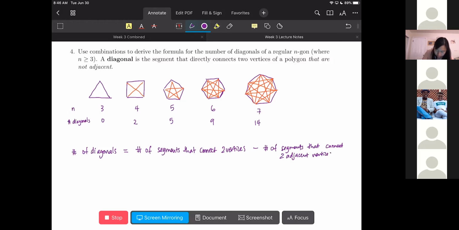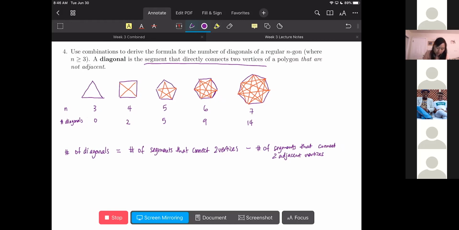So here I'm just taking this definition up here. Basically we want segments that connect two vertices that are not adjacent. So the way we could count that is we could use complementary counting to find the number of segments that connect two vertices and then subtract out the number of segments that connect two vertices that are adjacent.